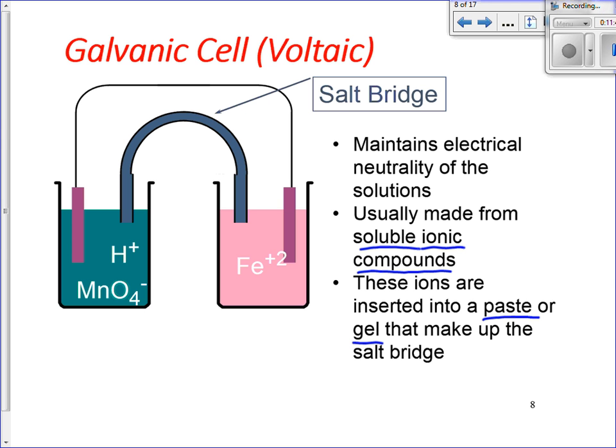So we wouldn't want to use that with them. What kind of salts are always soluble? Remember those solubility rules? Those things you like to forget? NO3, nitrates are always soluble, so nitrates are good. What other things are always soluble?